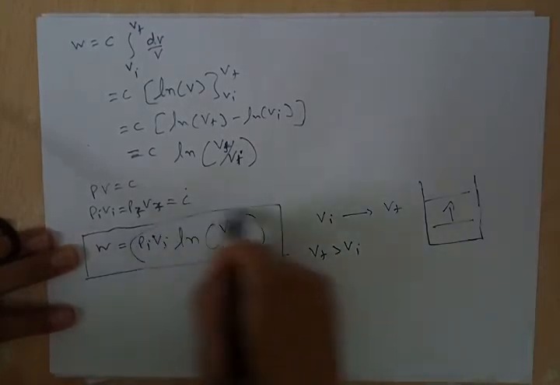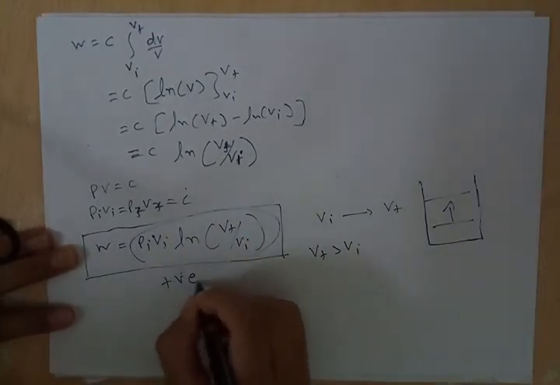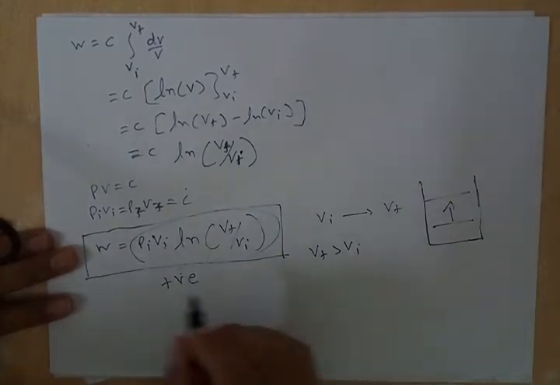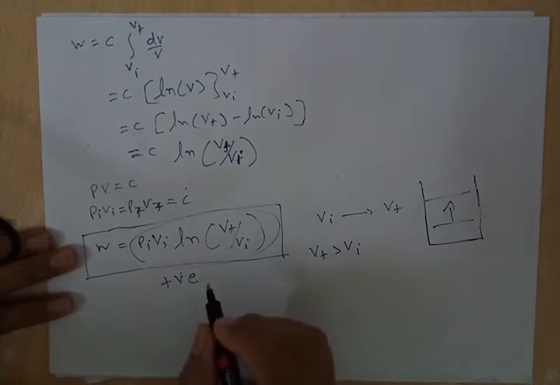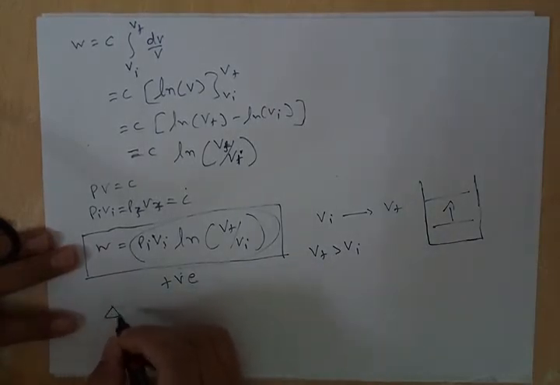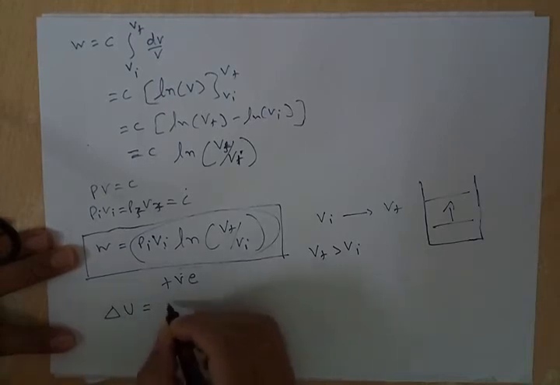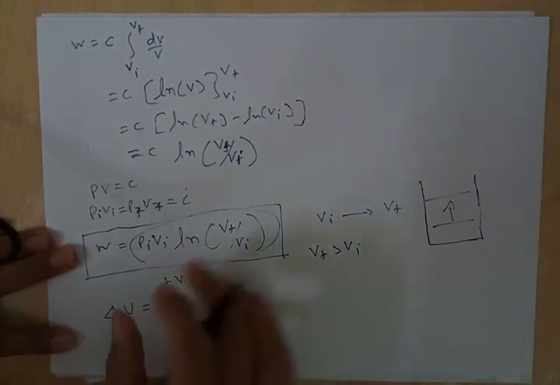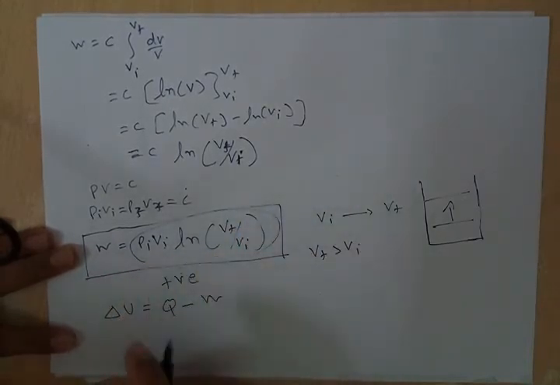So this whole equation will be a positive value. So this equation itself takes care of sign. So whenever we apply first law of thermodynamics, we'll put the value of W with sign in this equation.